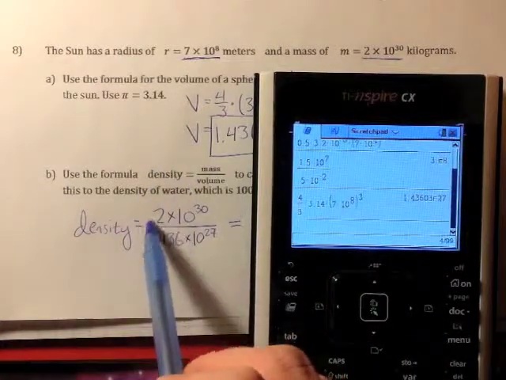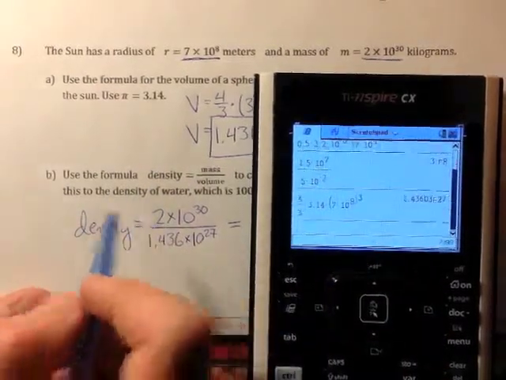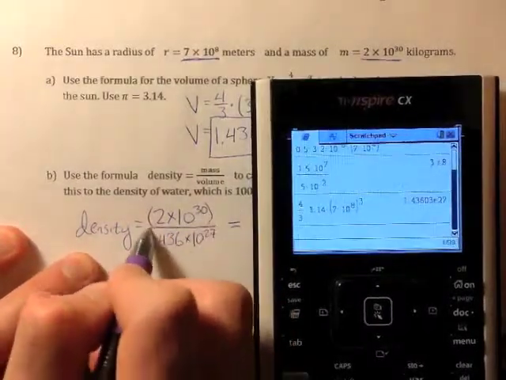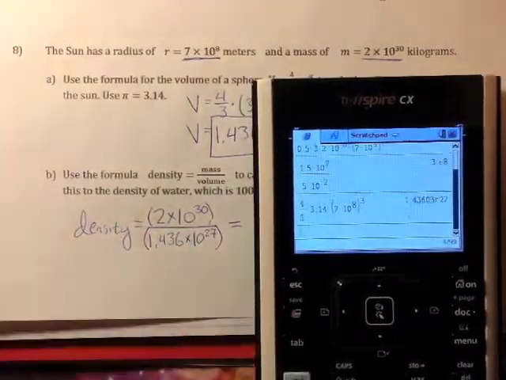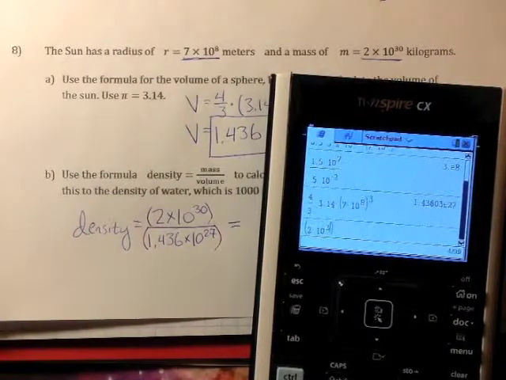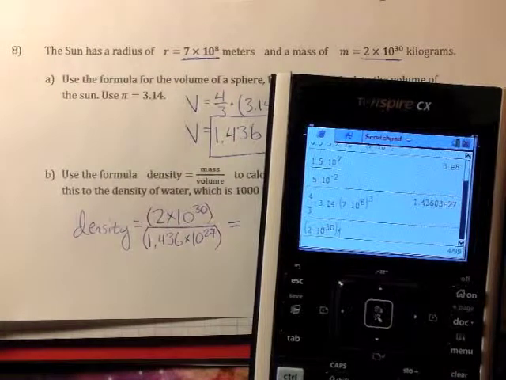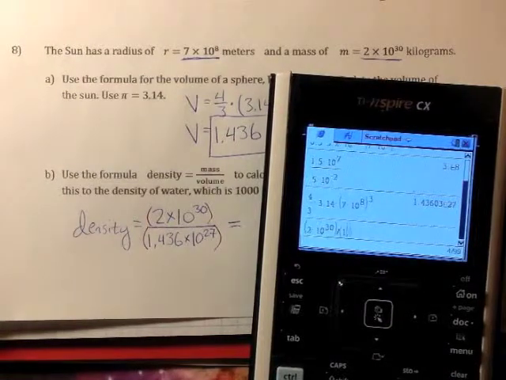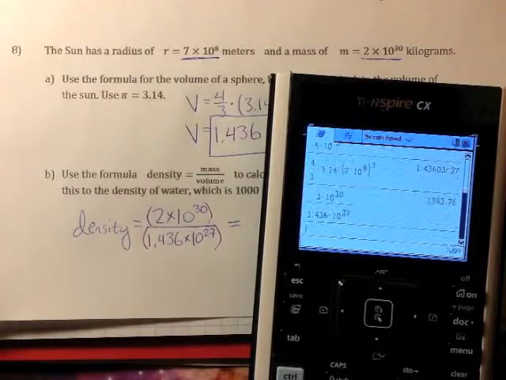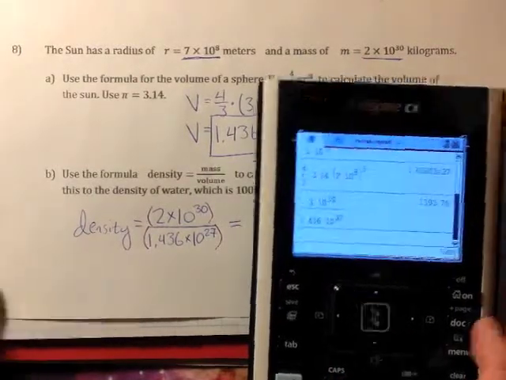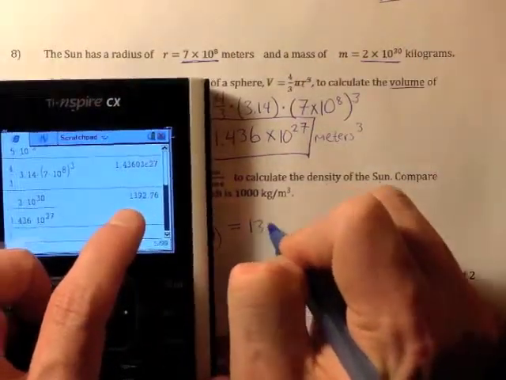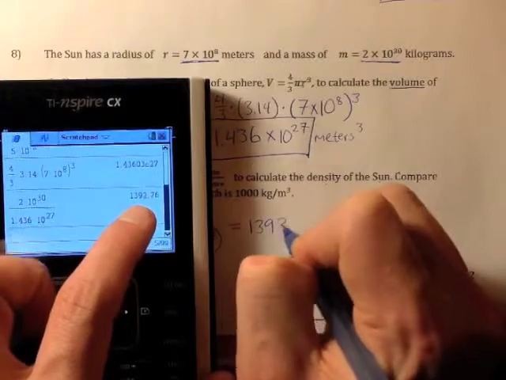We need to wrap everything in the top inside of parentheses, and everything in the bottom inside a separate set of parentheses. So parentheses, 2 times 10 to the 30 divided by, inside of parentheses, 1.436 times 10 to the 27th power. Here we go. 1393, I'm going to round this.